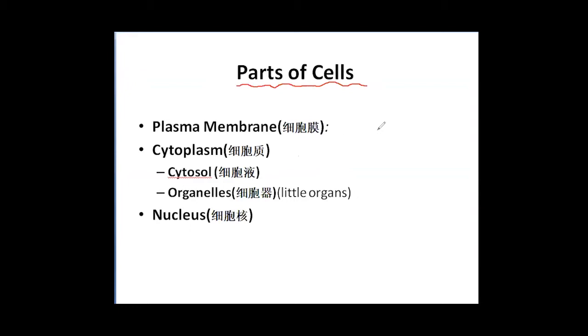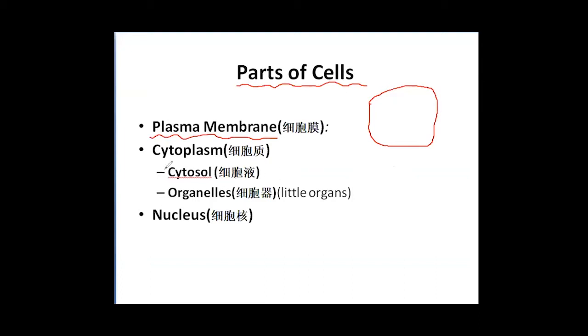When we're talking about human body cells, they have three basic parts. The first basic part is the cell's membrane. We also call it the plasma membrane. Just the cover of the cells. Different cells will have different shapes.